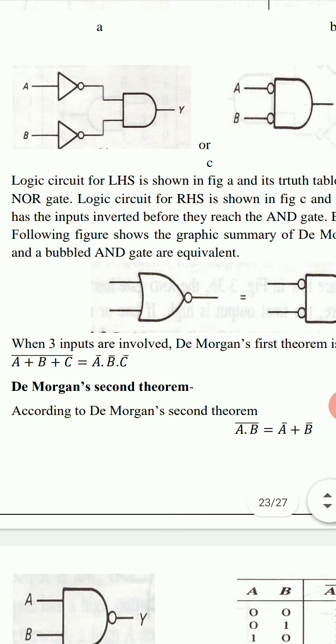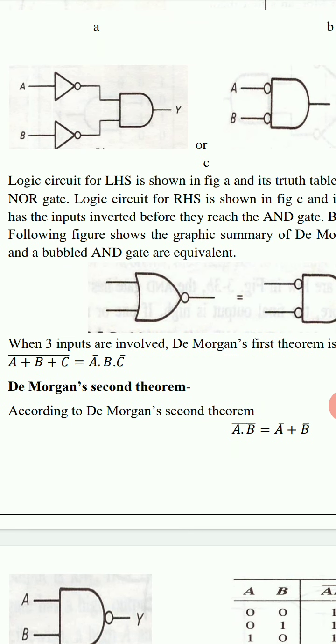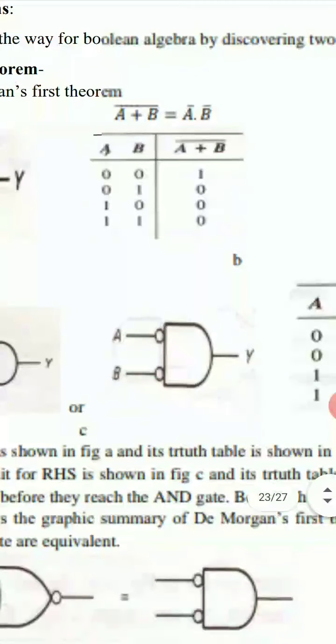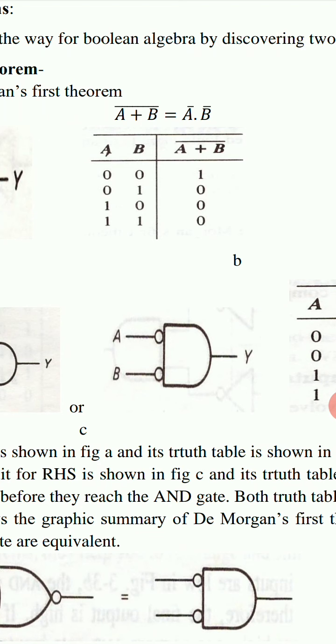These two outputs are the input of an AND gate, so the output of this AND gate will produce Y equals A bar dot B bar, which is the right hand side of De Morgan's first theorem.